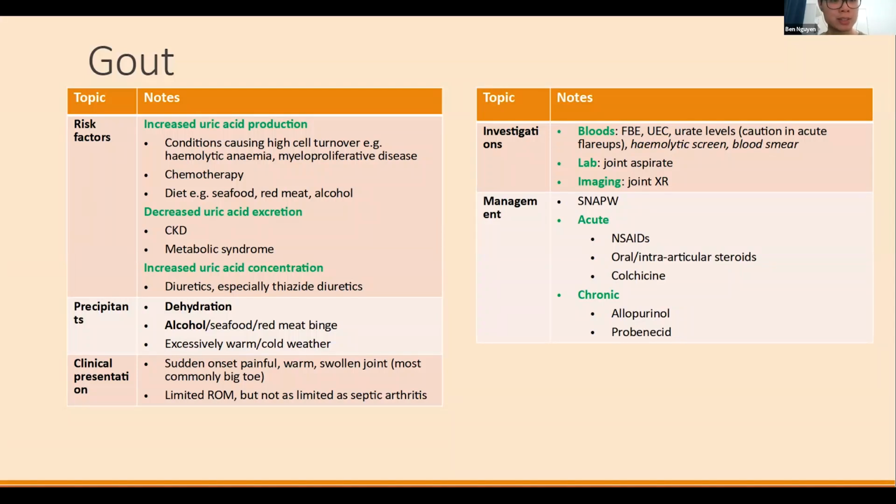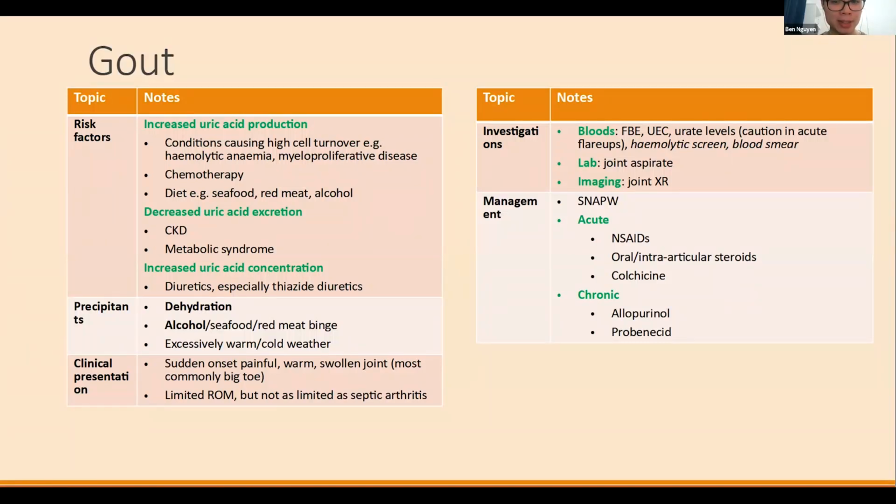Precipitants as well. So risk factors are factors that lead to you developing gout, right? So going from not having the condition to having the condition. Whereas precipitants are factors that would cause you to go from having stable controlled gout or asymptomatic gout to an acute flare-up, right?